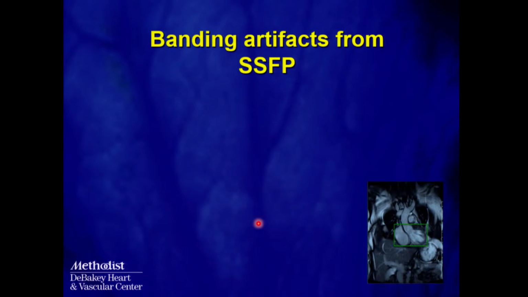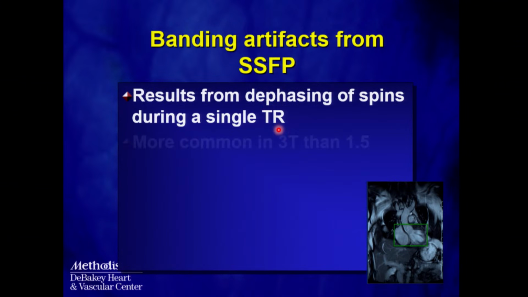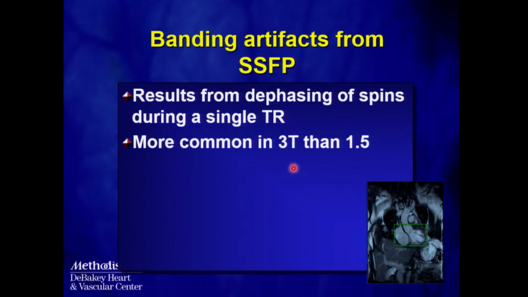The workhorse of cardiac cine imaging is the steady state free precession. With that, there are a series of pulses that we administer in order to get the tissues to the transverse plane and then start sampling. If I have a lot of dephasing of those spins, especially with a higher magnetic field, remember the commercially available scanners for cardiac imaging are 3 Tesla or 1.5 Tesla.